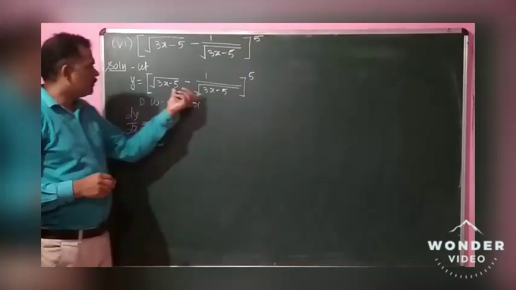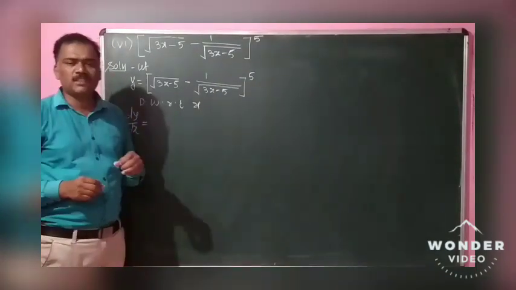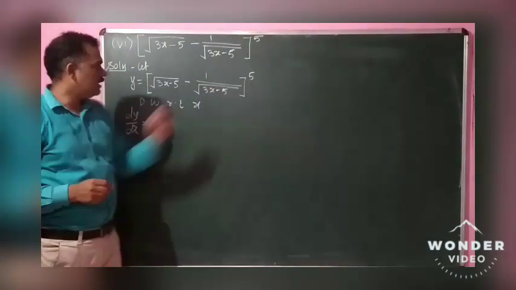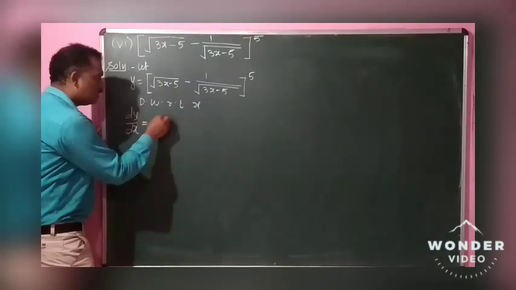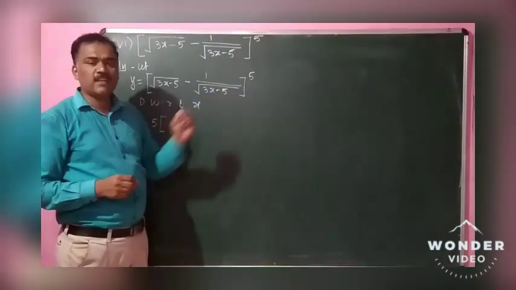Here this is a function raised to a power, so by using the power function formula we take this power 5 as it is, and subtract 1 from the power, that is 5 minus 1 is 4.